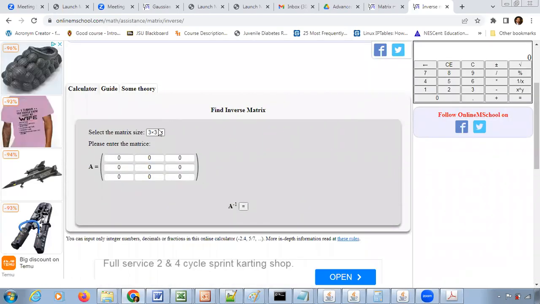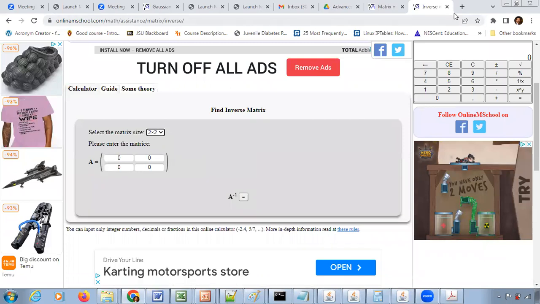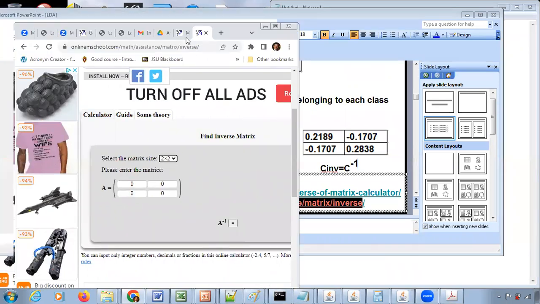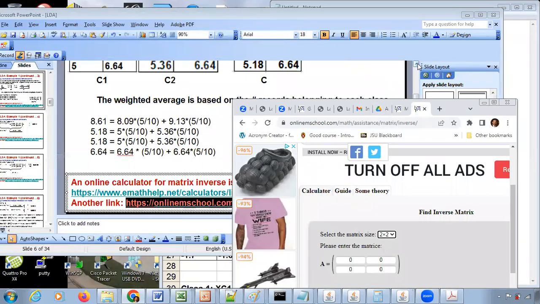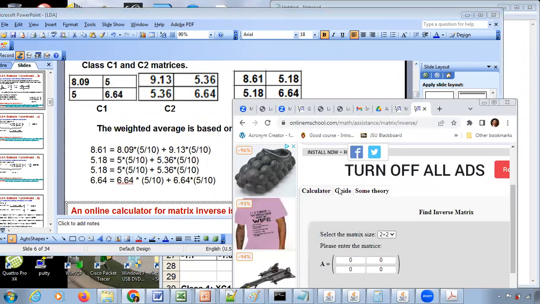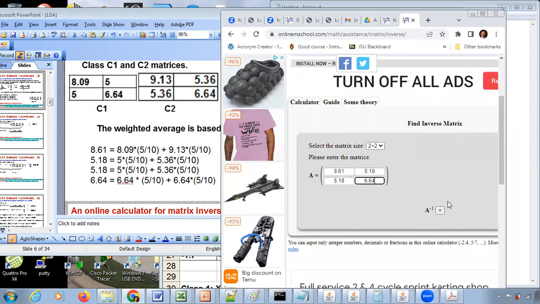This is a 2 by 2 matrix. Again, you can find the inverse only for square matrices, so they have coded 2 by 2, 3 by 3, and so on. Let us enter this matrix, 8.61 and 5.18. LDA is just math. You just follow the steps and the math, and you'll get the result.